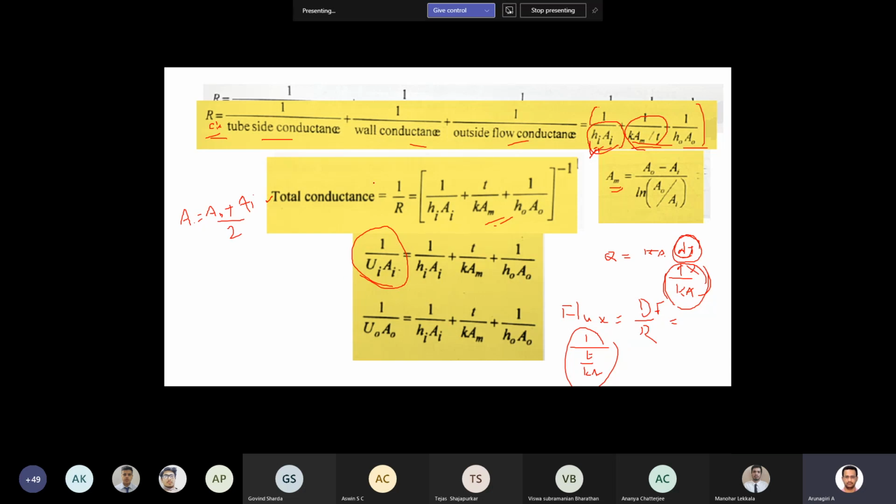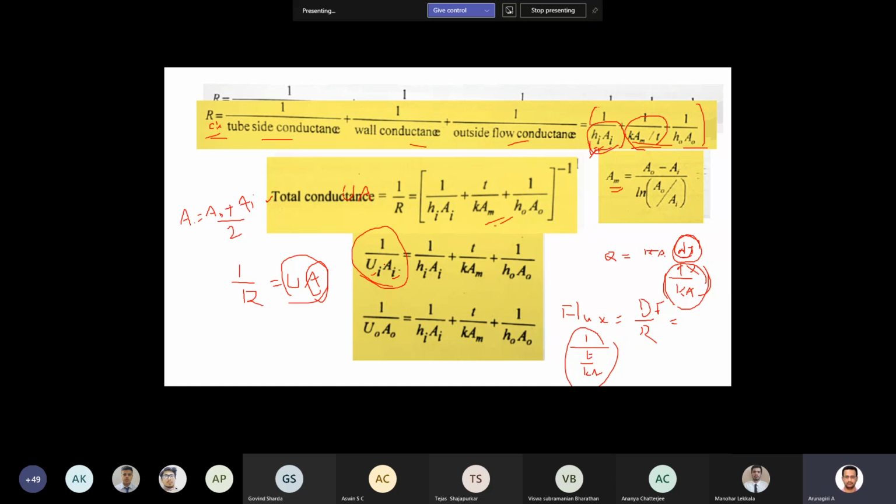So here 1 by UiAi is the overall heat transfer coefficient. The general equation is 1 by UA, correct? 1 by R is equal to UA, correct? So how to select the area is another factor. UiAi means the overall heat transfer coefficient is calculated based on the inside film.